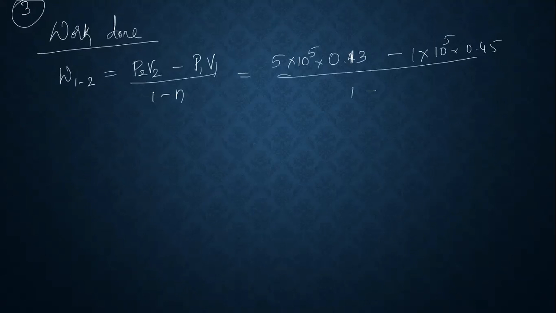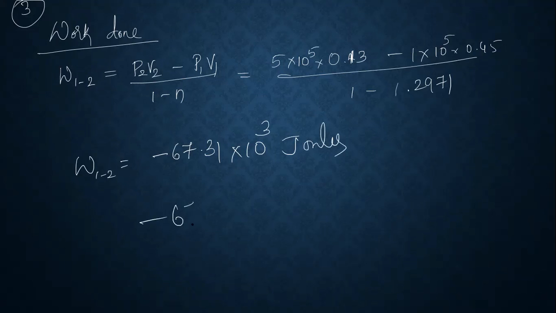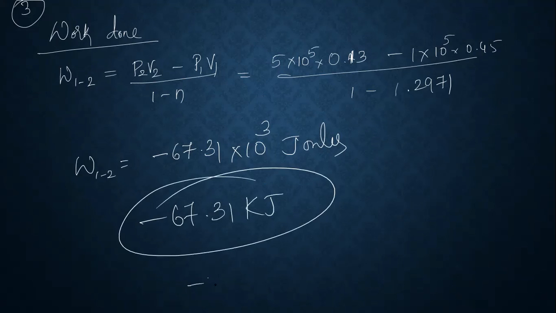How much is n? n is 1.2971. Therefore, after substituting all this, the work done you will get is minus 67.31 into 10 to the power of 3 joules, that is minus 67.31 kilojoules. The negative sign indicates it is a compression process.